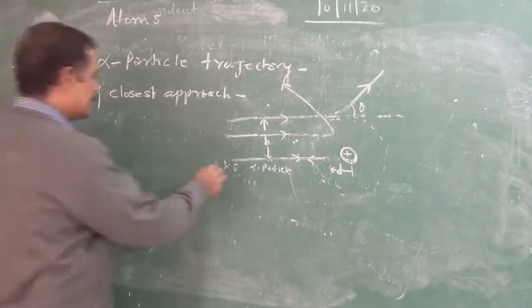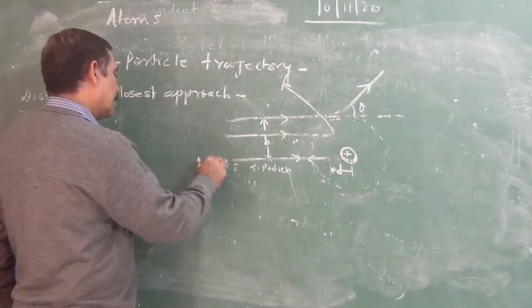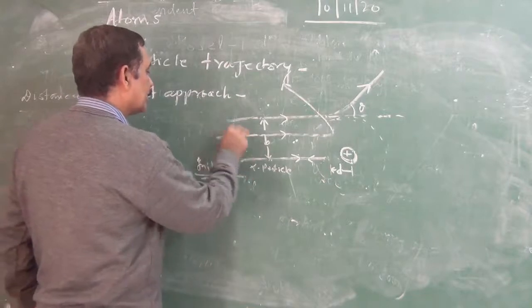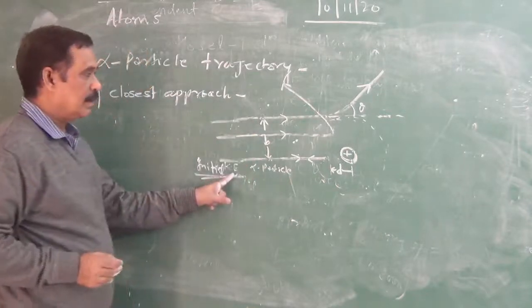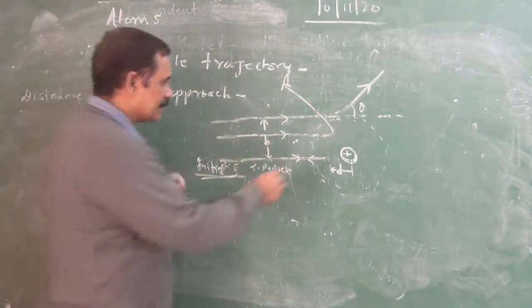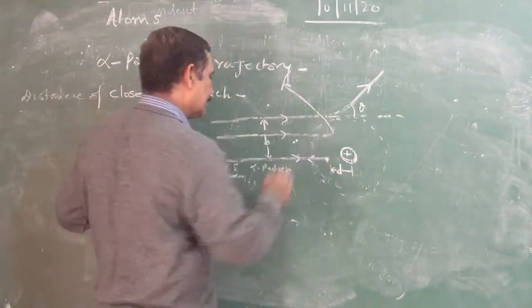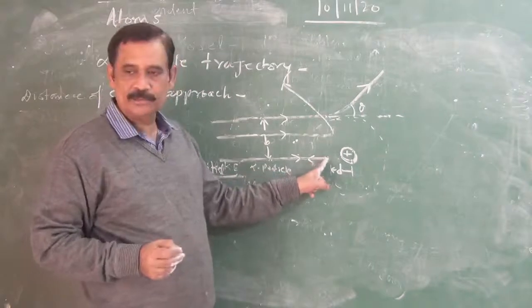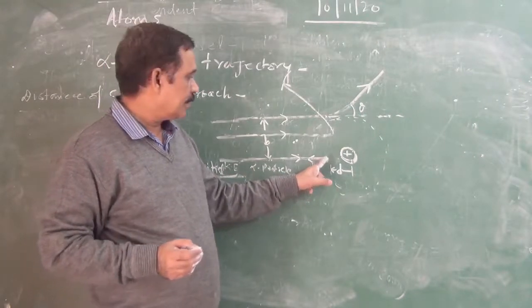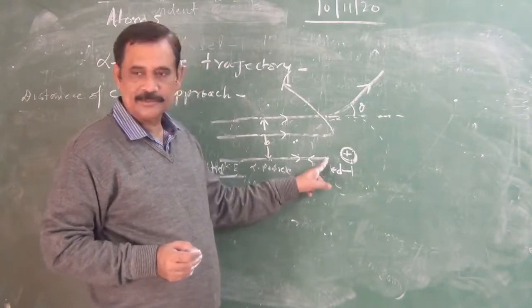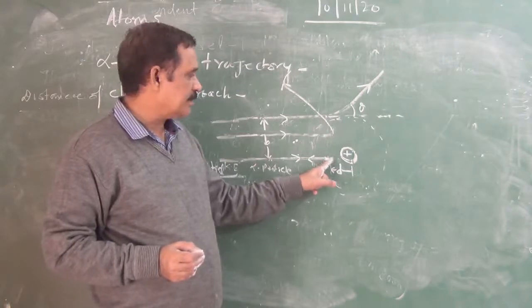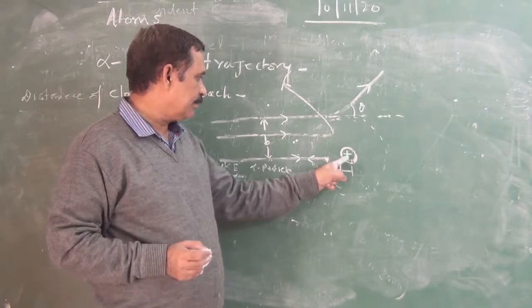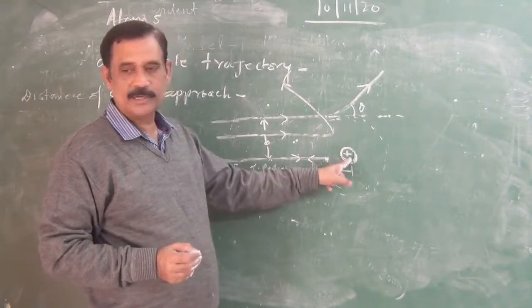This is the initial kinetic energy. Initial kinetic energy is given to the alpha particle, and when this alpha particle reaches this point, the total kinetic energy is converted into electrostatic potential energy.